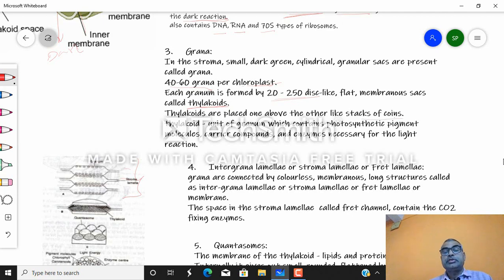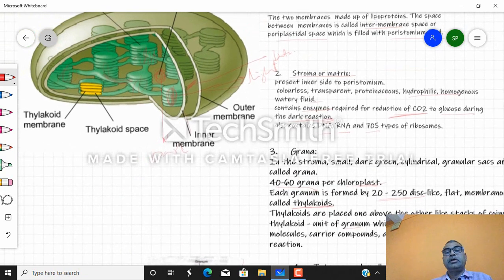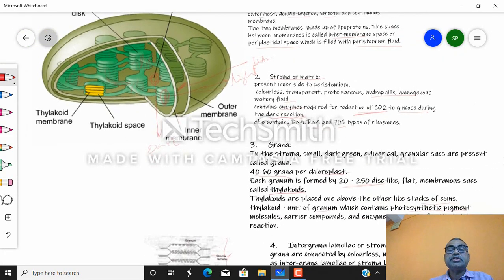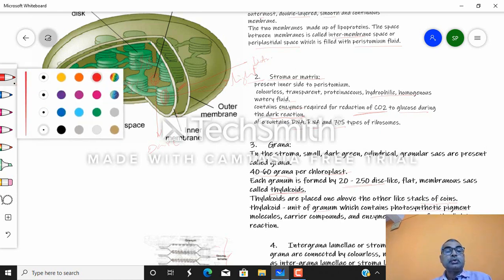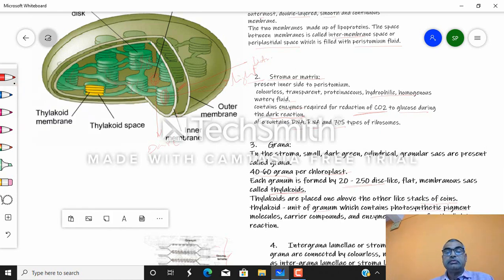Thylakoid is a unit of granum which contains photosynthetic pigment molecules, carrier compounds and enzymes necessary for the light reaction. As I have told you earlier, the granum region is the site of light reaction, while the stroma region is the site of dark reaction. So light reaction will occur in the granum region. Thylakoids are the part of the granum.